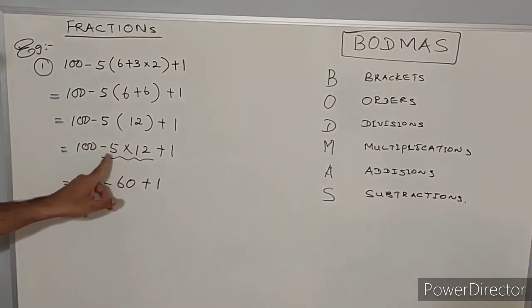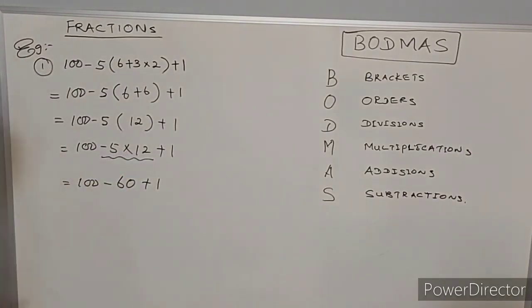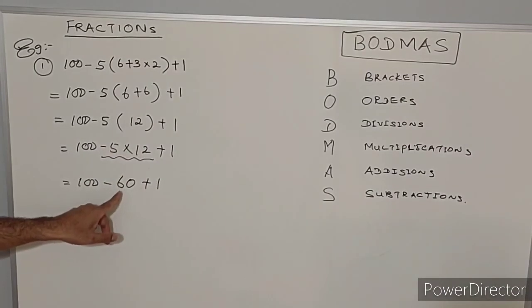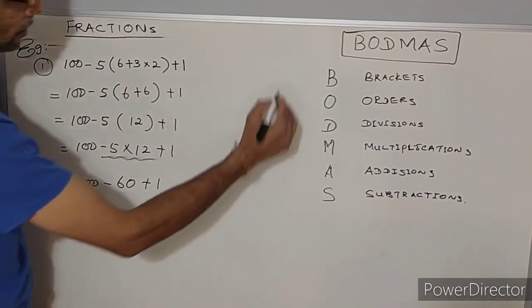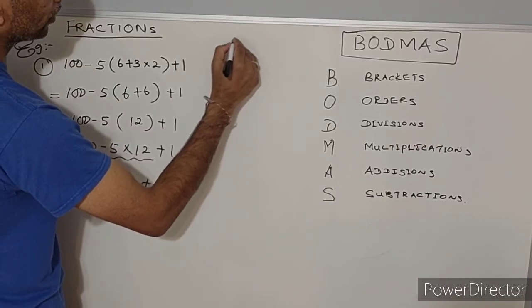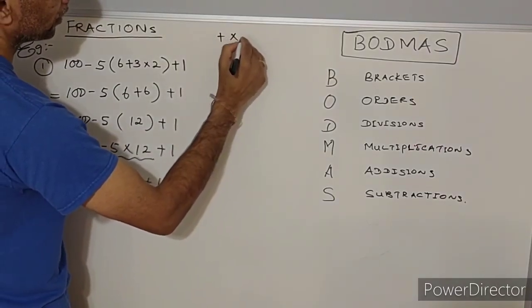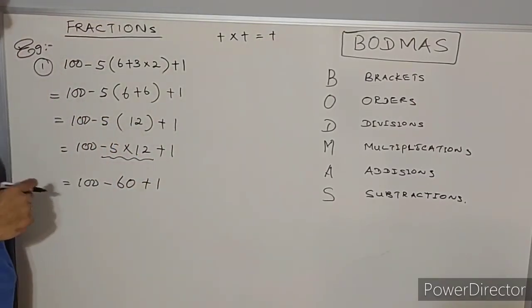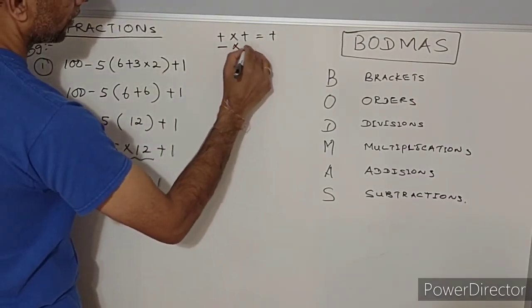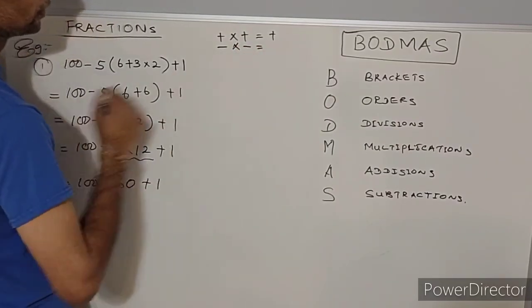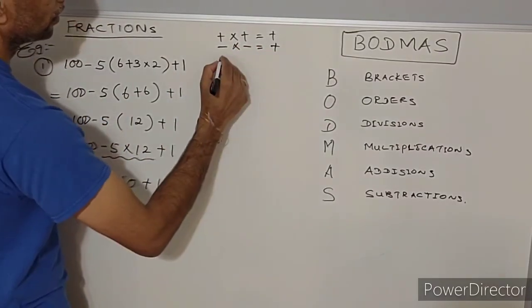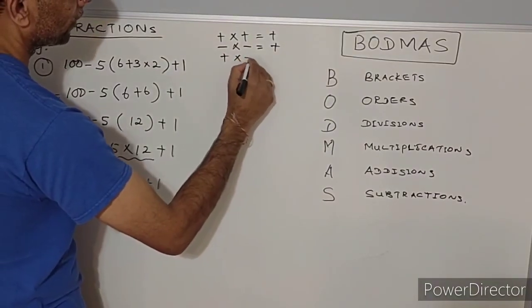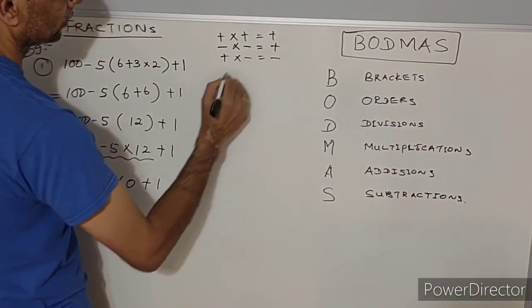Okay. If you don't understand how it becomes 60, you have to know the signs of multiplication. If you multiply plus by plus, the result is plus. Minus multiplied by minus, the result is plus. Plus multiplied by minus, the result is minus.